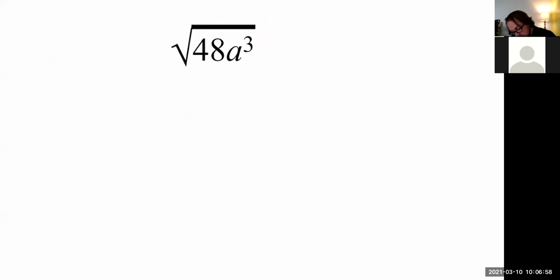Let's start with the piece that we've been working with so far, and that's going to be that 48 here. Is 48 a perfect square? No, it is not. But if you look at your factor pair list, does 48 have any factors that are perfect squares? 3 and 16. 16 sounds awfully large. 3, I can't break down any further. I would say 3 and 16 sound like some likely candidates.